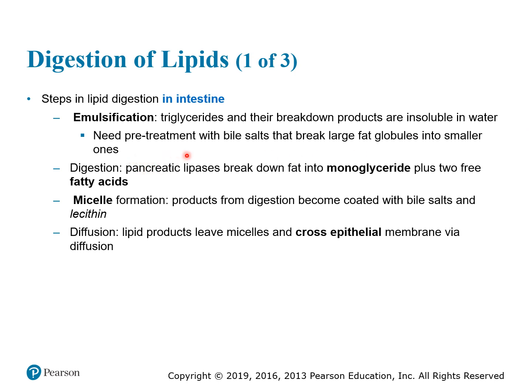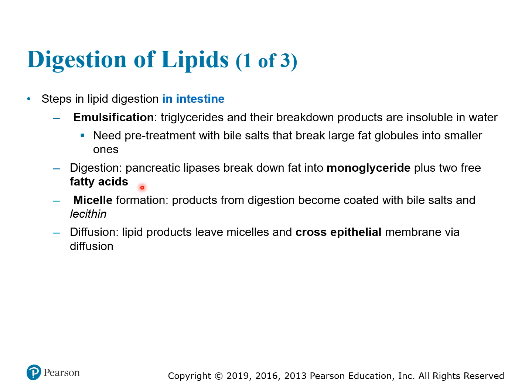And the pre-treatment, the soap for these triglycerides and fatty substances, is bile salt. When the fat comes into the intestine, just imagine that bile salts are sprinkled on them. These bile salts break the large fat globules into smaller ones, and then the digestion starts. The pancreatic lipases break down the fat into a monoglyceride plus two free fatty acids.